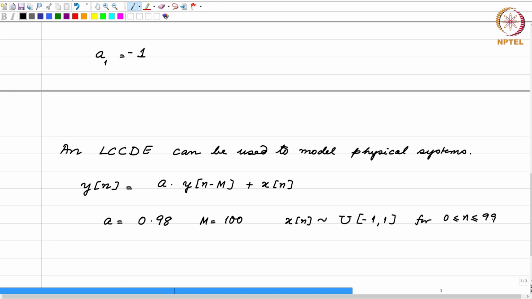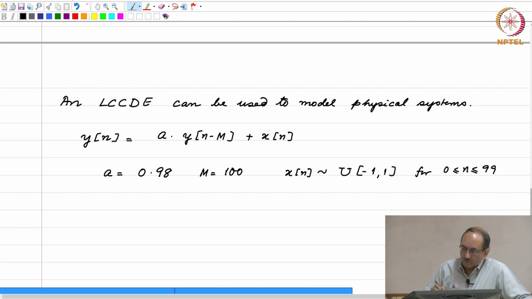Then we will look at what y is and see whether it reminds us of something that we have seen or heard before. So, let me implement this in MATLAB.